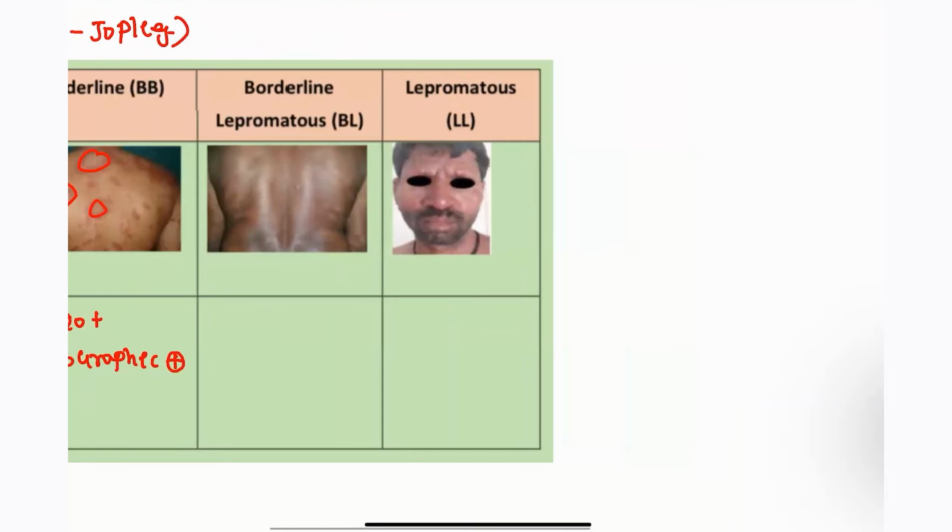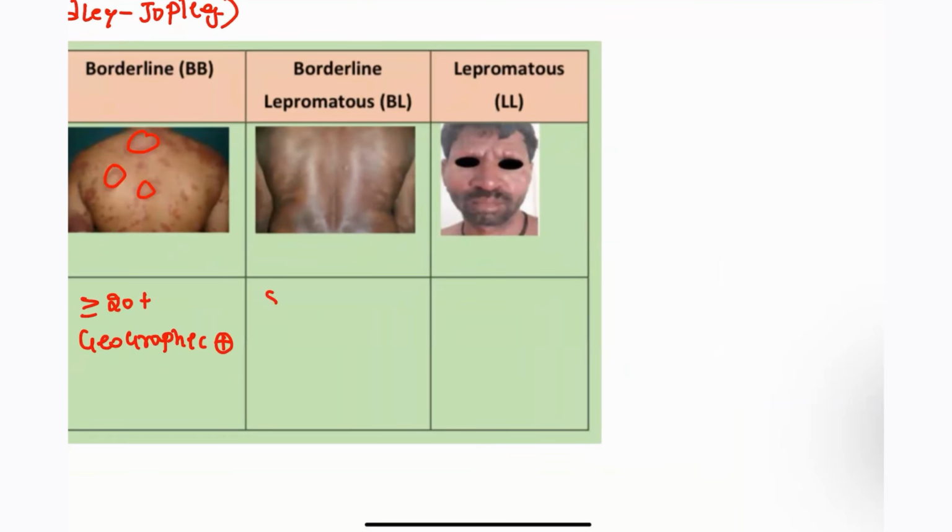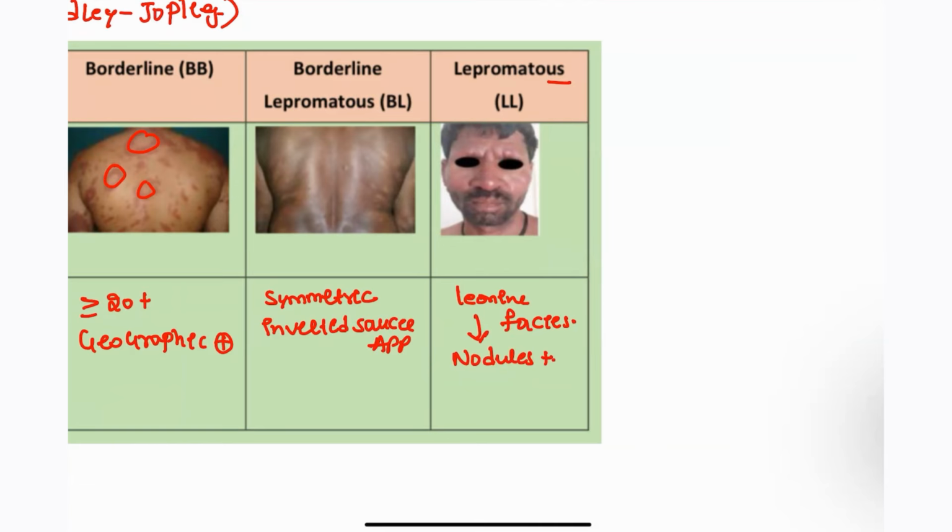Next, borderline lepromatous. These are going to be symmetric lesions, symmetric and inverted saucer type. Inverted saucer appearance. Next, lepromatous. Here you are going to see the leonine facies, abnormal facies due to multiple nodules, and also the patient will have severe neuropathy.